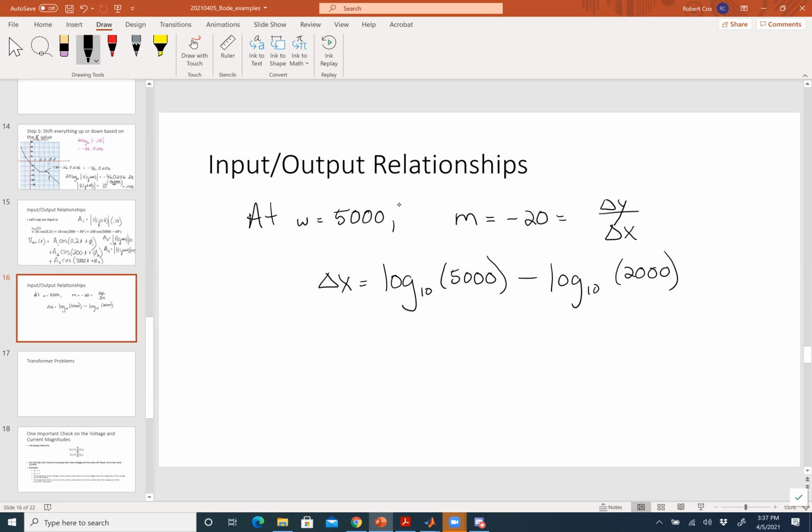That's how much I moved. I calculate that; it's probably about 0.3. Now, to figure out how much I dropped, delta y equals m, the slope, times delta x, or negative 20 delta x. You guys follow that?